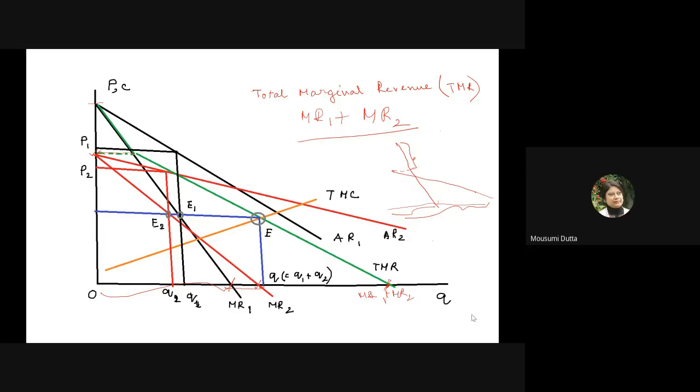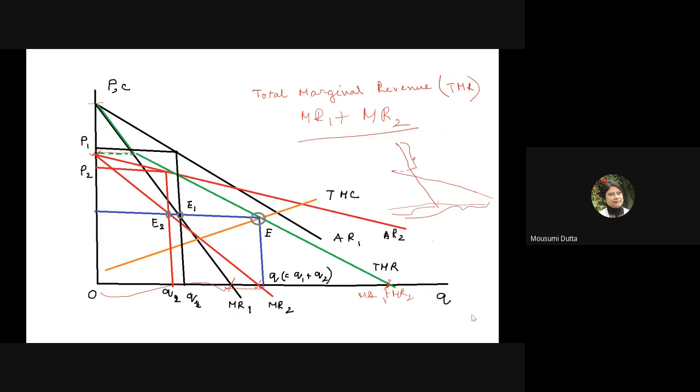Intuition is, under price discrimination, your plant is the same plant. From that plant you are getting all the outputs. So first you have to find out what will be your aggregate production.